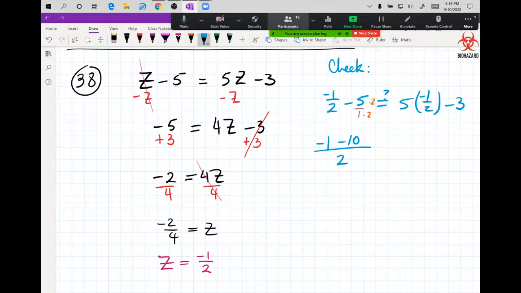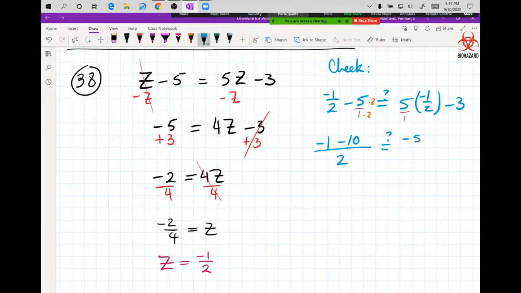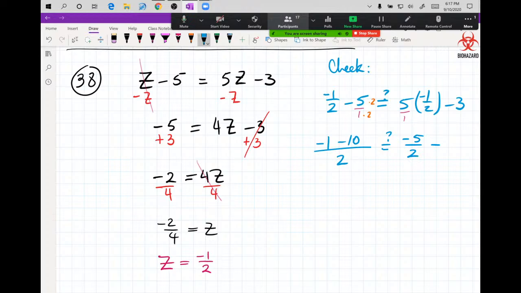Why is it times 2? It's times 2 because you have to get the common denominator of 2 for the problem. Now that should be equal to, and on the other side we have multiplication here. Multiplication just goes across. I don't need any common denominators there. I still have 5 over 1. When I go across, this just becomes -5 halves. And I still have minus 3 over 1.